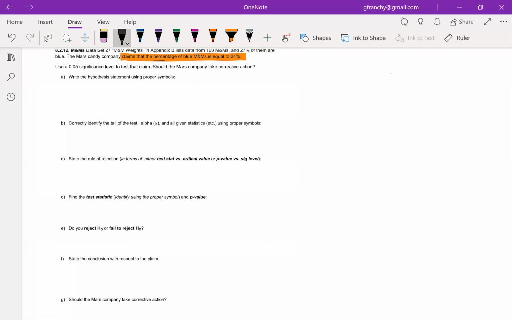And here they actually said percentage, so our claim P is equal to 24%, and the opposite of that then is P is not going to be 24%.